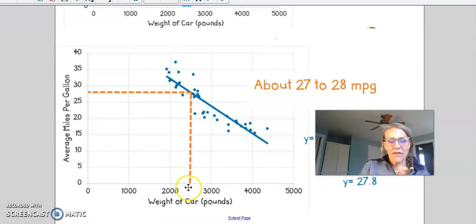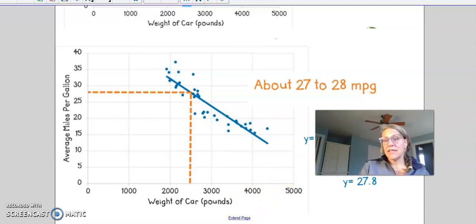If you go to 2,500, and that would be a really heavy car, and go over, you can see that our line of best fit can help us predict that it's going to be about 27 to 28 miles per gallon. And we can do that for any of these weights. That's how you would use that graph.